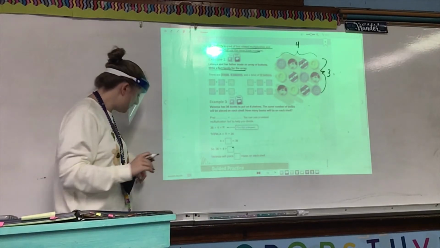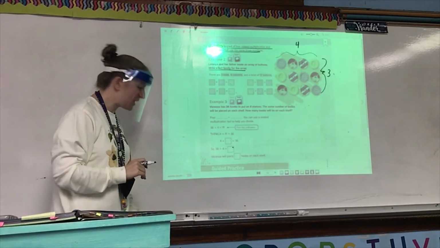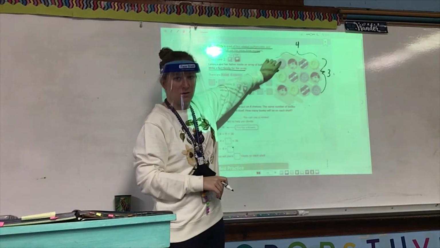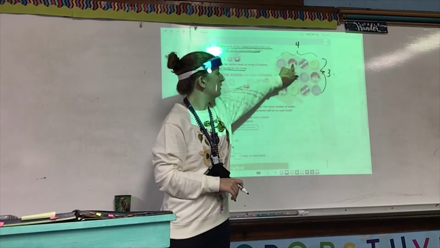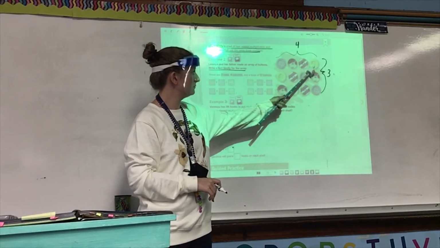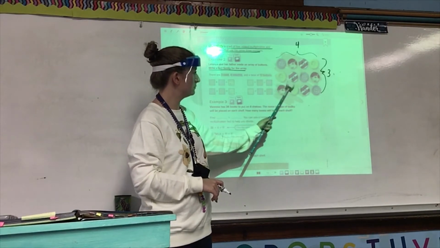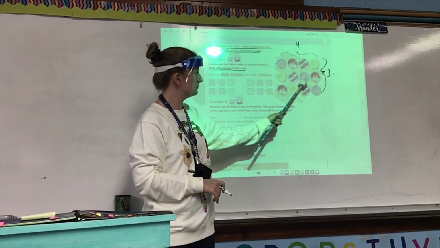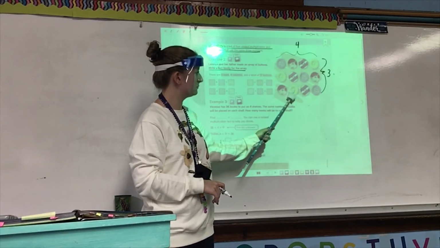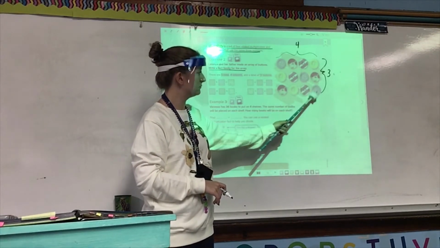Once we count all of them, Smith, help me figure out how many buttons we have. Count them with me. 1, 2, 3, 4, 5, 6, 7, 8, 9, 10, 11, 12.